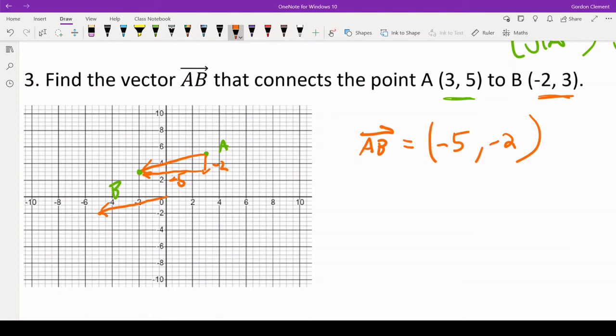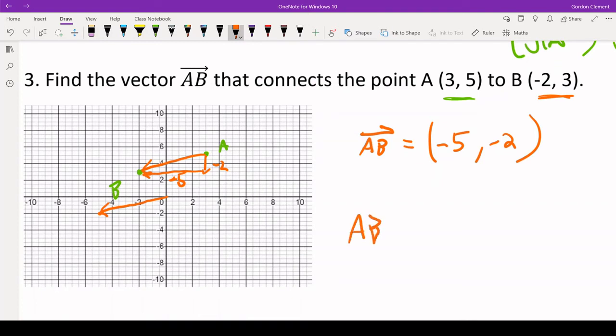without drawing the picture. If you look at it, it's sort of a rise and run thing. You remember you're subtracting the y's and subtracting the x's to get your rise over run, so y2 minus y1 over x2 minus x1. And just to get the direction right, because direction here does matter, to get negative 2 you're doing 3 minus 5 for the y's, and to get negative 5 you're doing negative 2 minus 3.